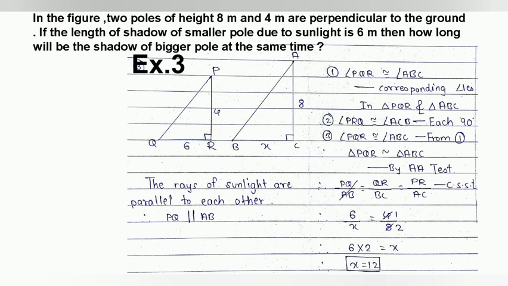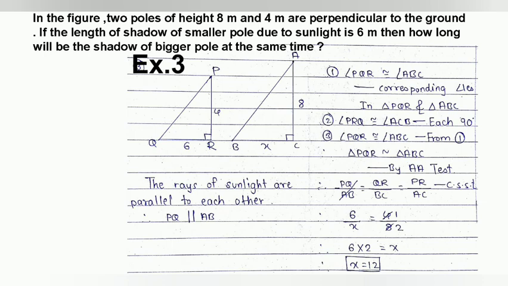PQ and AB we don't need here. So take QR over BC, which is 6 upon X, and PR over AC, 4 upon 8. By simplification we get X equal to 12, which is 12 meter, the shadow of the bigger pole.